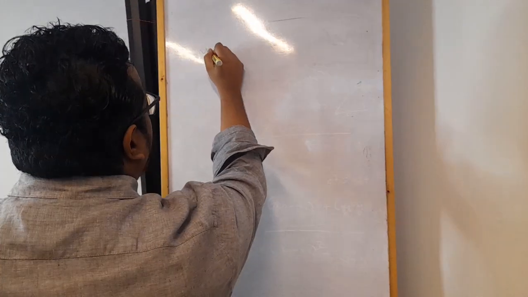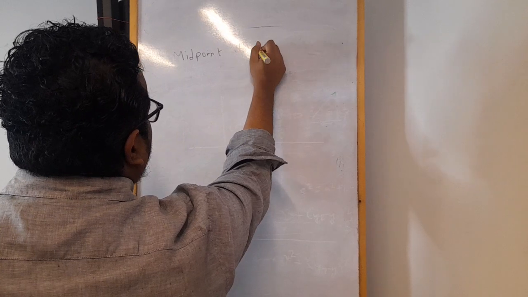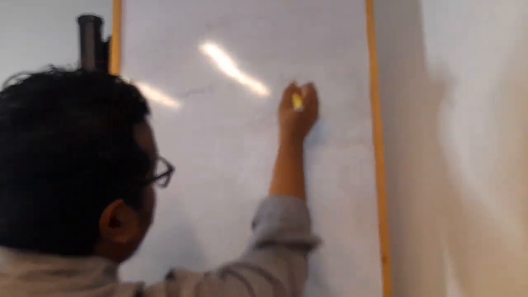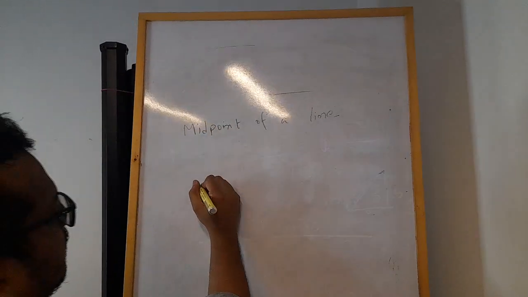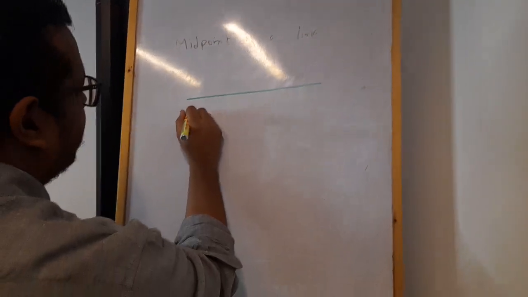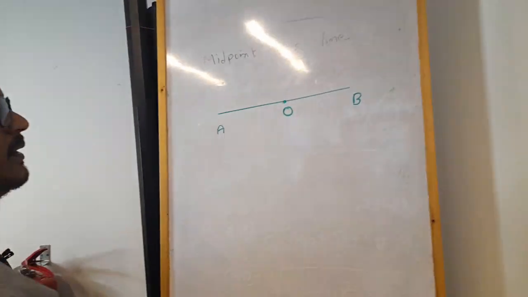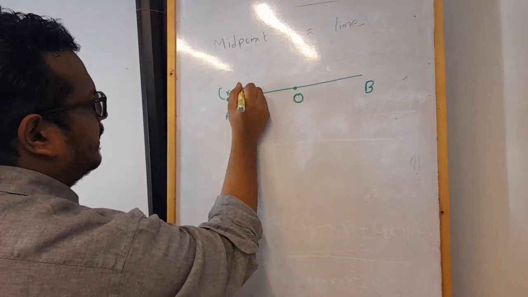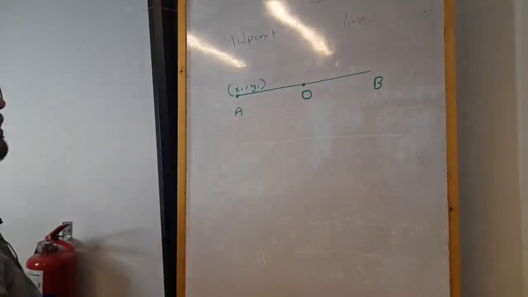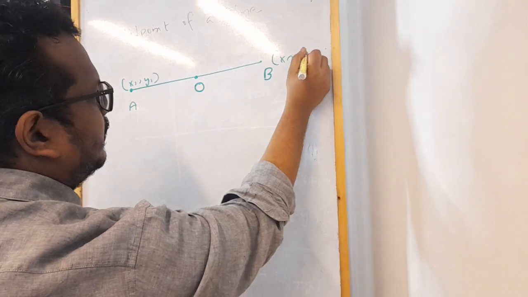Now suppose you were to find the midpoint of a line. Suppose this is a line AB and this point O is the midpoint, and you know the coordinates of A, that is x1 and y1, and the coordinates of B are x2 and y2.